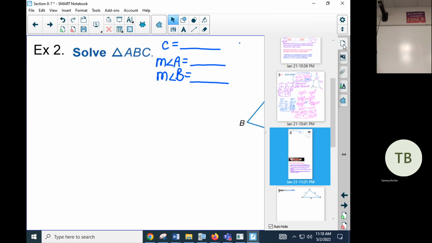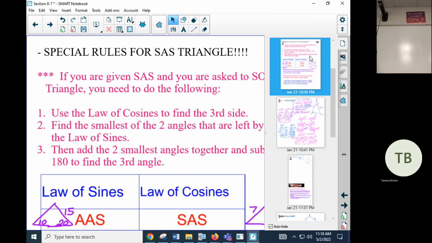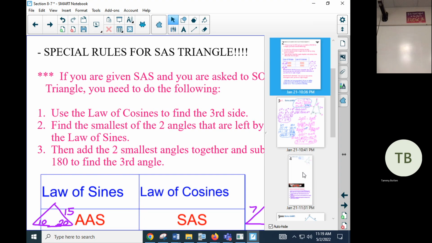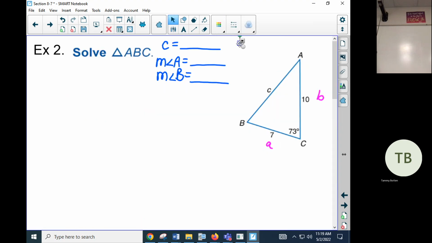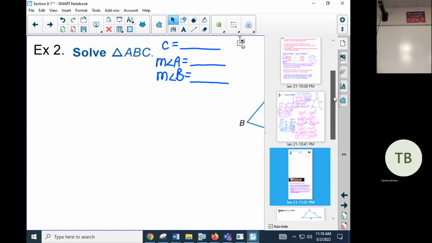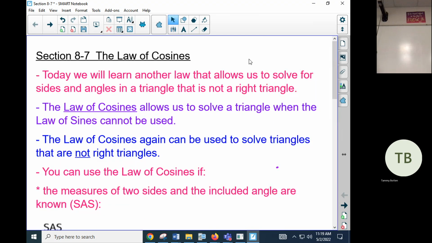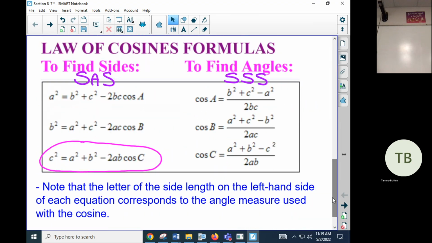And if we wanted to go back and look at those rules right here, you have this on your cheat sheet, but it tells us to use the law of cosines to find our third side, okay? If we look here, the side we are looking for is C, which happened to be what we were looking for last time. So on your cheat sheet again, you guys have this, and we're looking for C again.